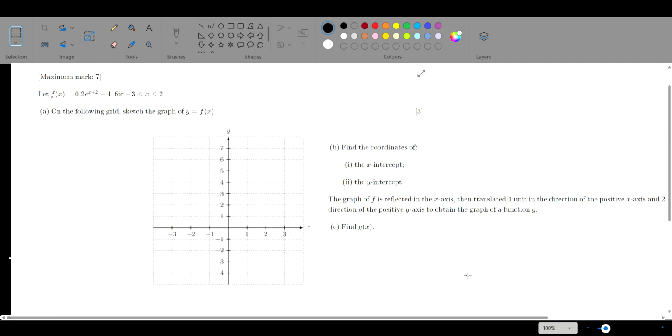What you can do is draw the function that is mentioned over here. Go to the graph and delete any graph already there. Write this graph over there, 0.2 e raised to the power x plus 2 minus 4. Make sure your graph has the domain from -3 to 2.